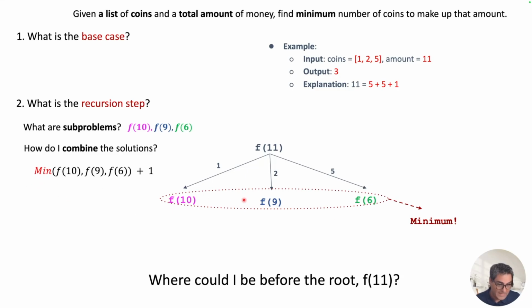So minimum number of coins to get to this one or this one and this one. But in each case, I have to add one more coin to get to 11. In this case, one more coin with value of 1. In this case, one more coin with value of 2. And in this case, one more coin with value of 5. Either way, I have to add one more coin. That's why we have this plus 1 here. So the combining operator is the minimum of each subproblem plus 1.